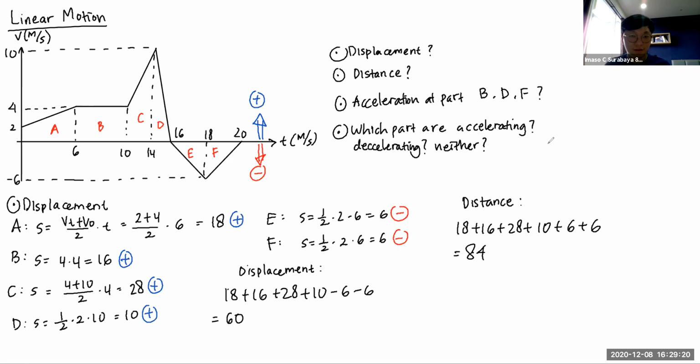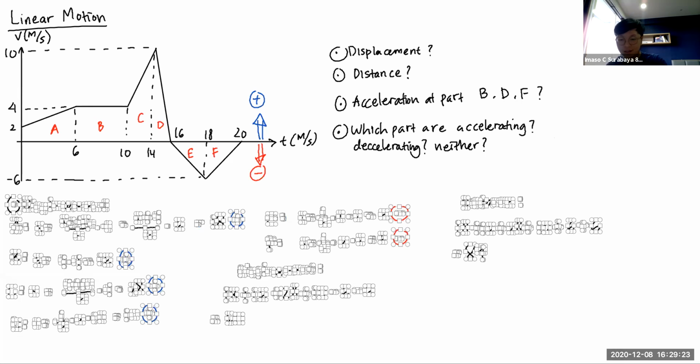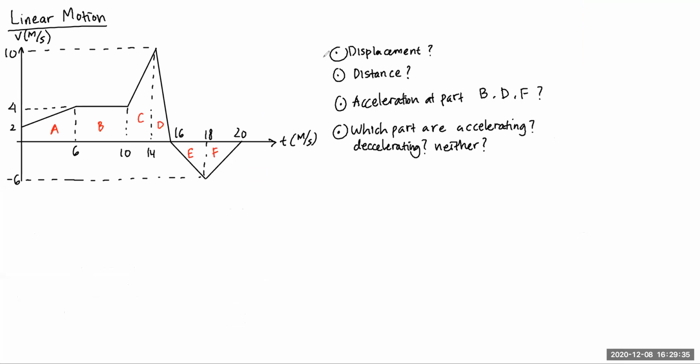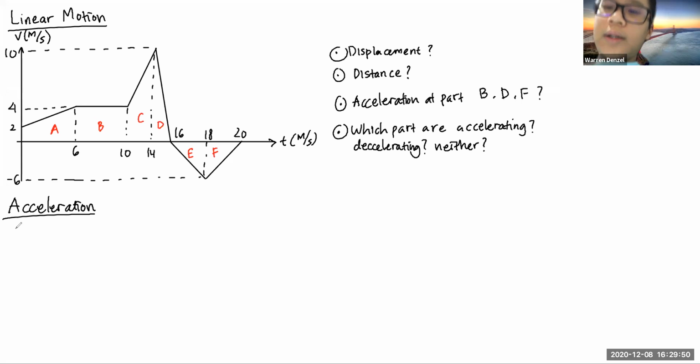Okay. Next question: acceleration at part B, D, and F. How to find that? The acceleration in this case should be the gradient. At part B, it is 0. At part D, the acceleration is negative, or it is deceleration.